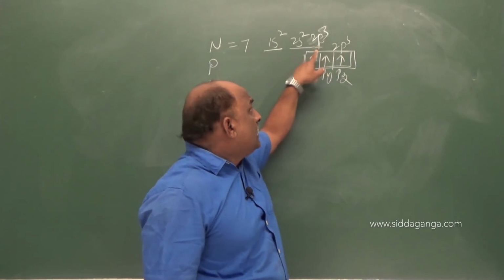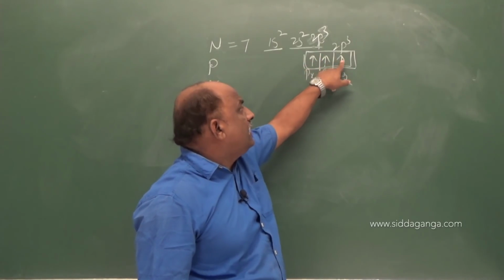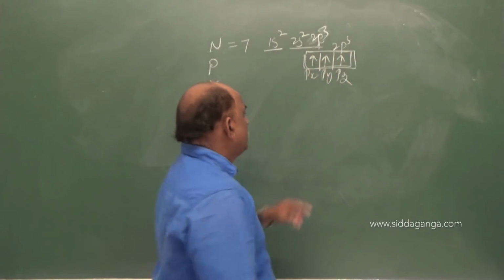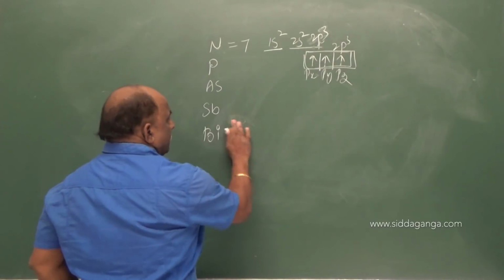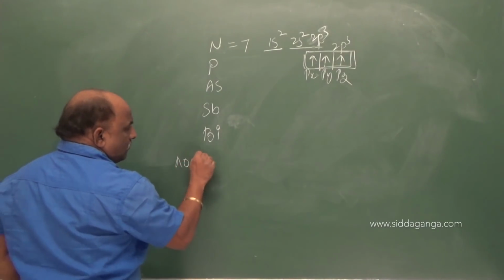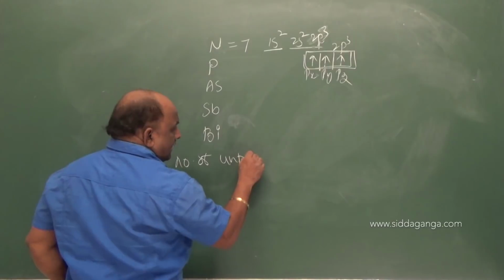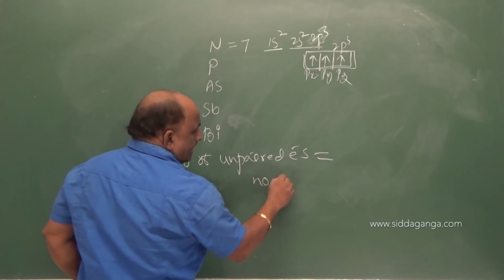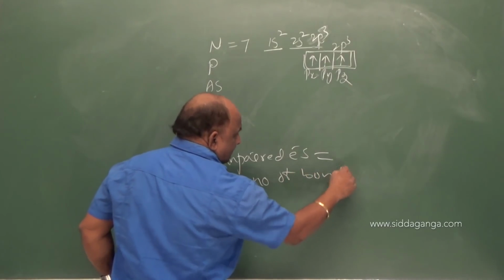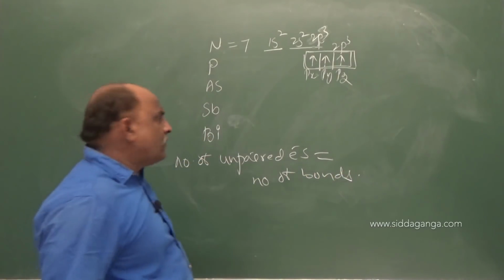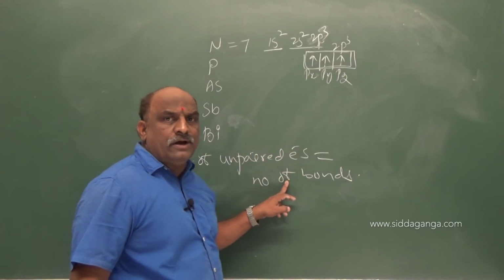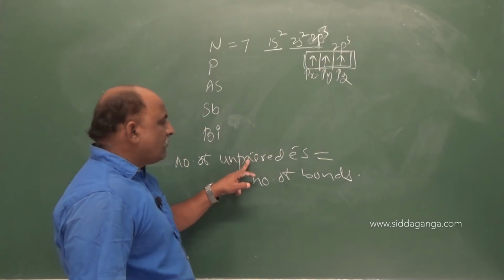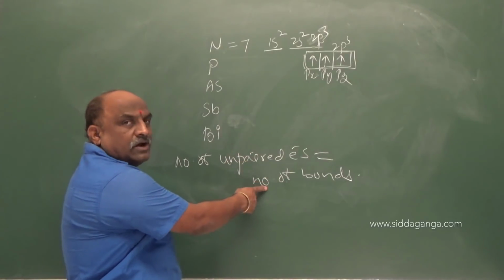Make a note, this is a very important point: the number of unpaired electrons is equal to the number of bonds.